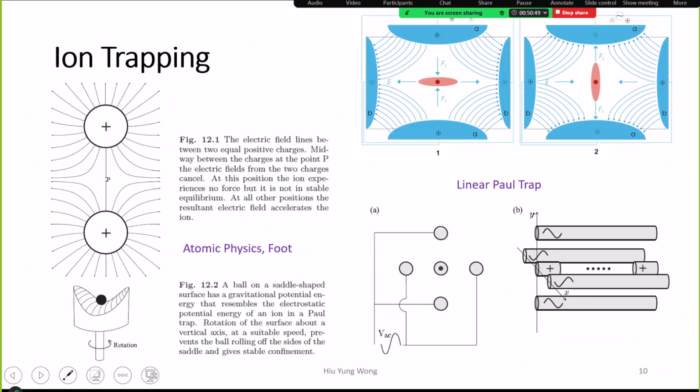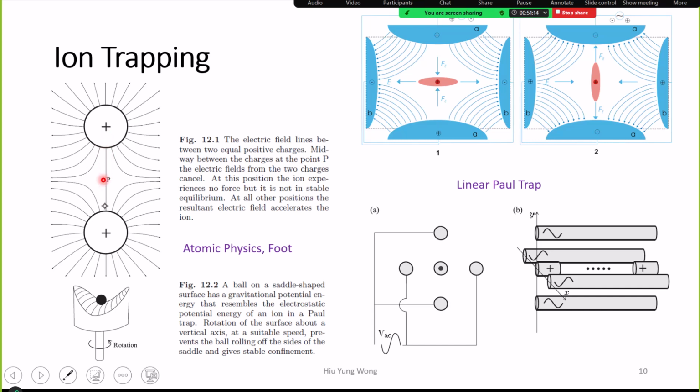So we have two levels. Now, how do we hold the ion? I now have a positive ion. What it really does is that you can imagine, okay, put it under an electric field, right? So how can you hold an ion? Maybe you will think, let me just have a positive charge here and positive charge here. Then isn't it that along this line, it will just stay here, right?